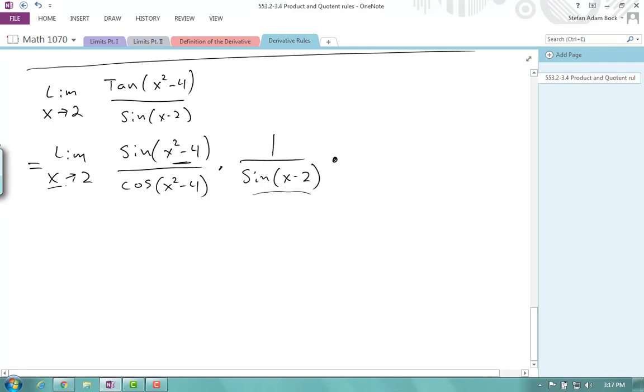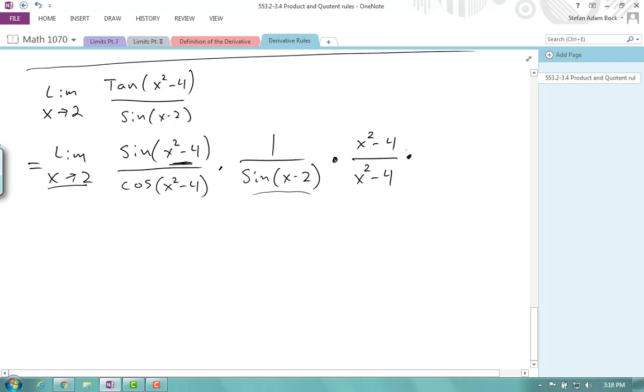But what I can do, since as x goes to 2, if I plug in 2, my x squared minus 4 will be 0. The only problem is I don't have anything to match up with that like I do in the rule I have at first. So I'm going to multiply and divide by an x squared minus 4 over an x squared minus 4.